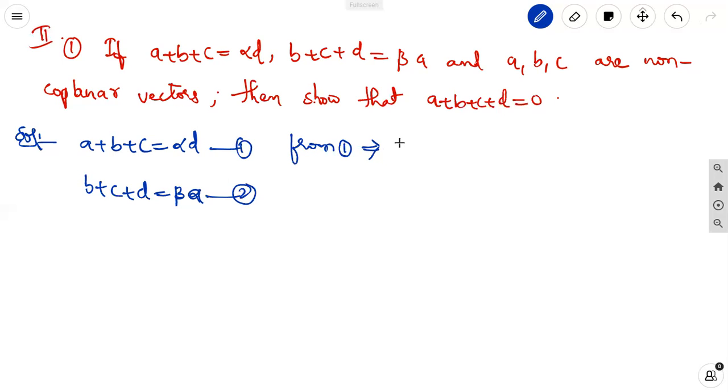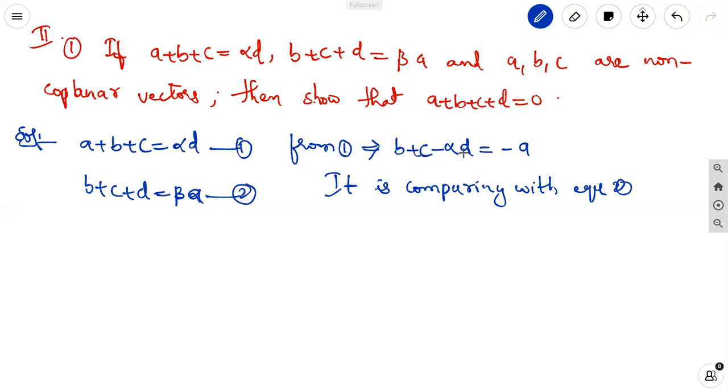From 1, we can take a to the right side and alpha d to the left side. Then b plus c minus alpha d is equal to minus a. Comparing with the second equation, in the place of alpha if we take minus 1, then we get minus into minus, plus d.